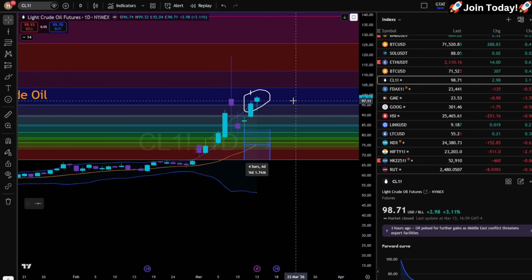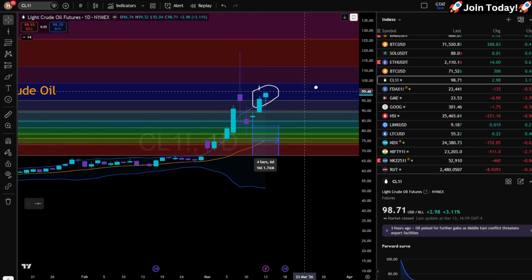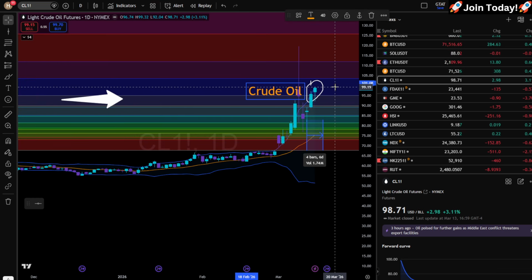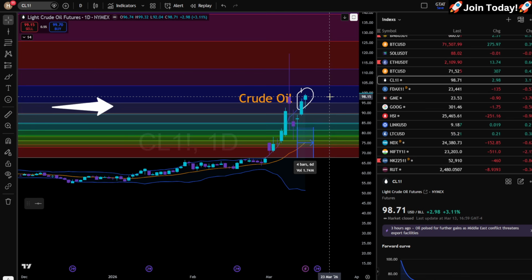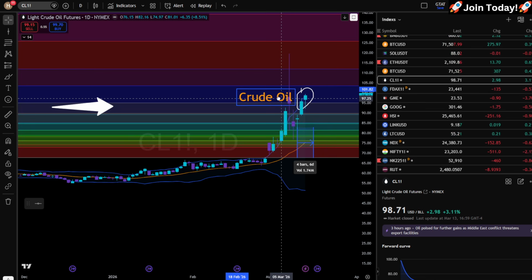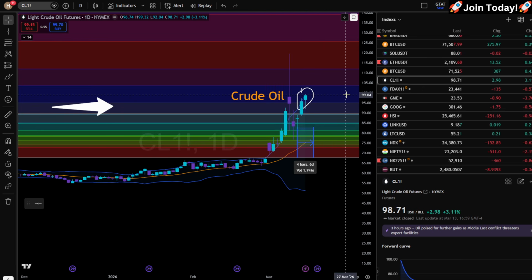There are so many different layers and variables going on with crude oil currently. Now the Iranians have a choice. Do they want to attack the United States, or do they want to attack their oil fields so that the United States cannot get it? That decision in and of itself is a huge decision.